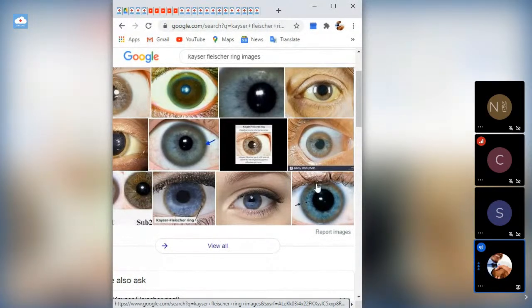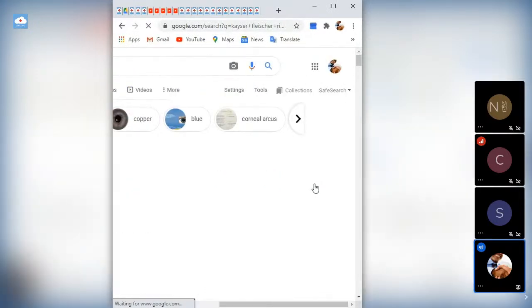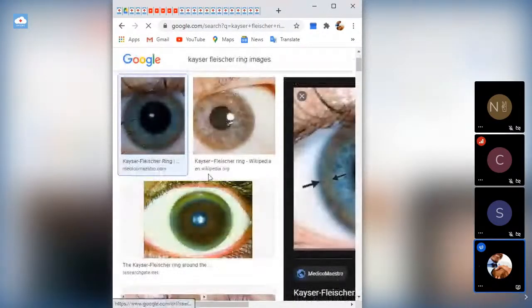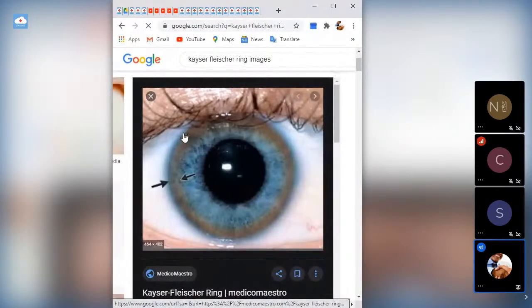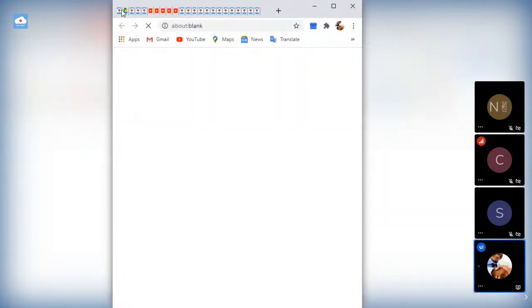Very, very pronounced. Even the arrow is pointing on it, around the eyes. This pupil, will you say is dilated or is normal? It looks dilated. All right.